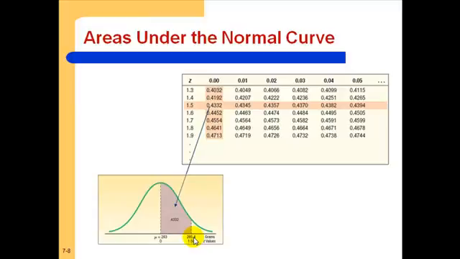The first step, we convert this normal distribution into the standard normal distribution. How do we do that? We try to find out the Z value for these two numbers.